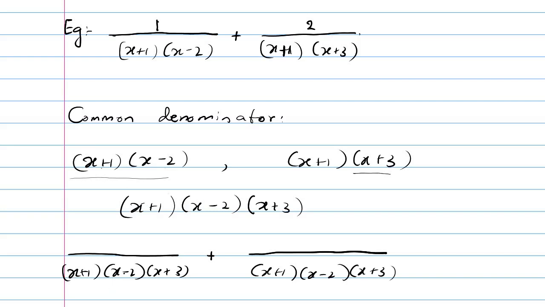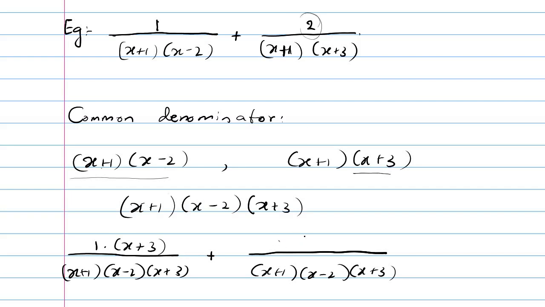So now let's look at what to multiply the first fraction by to get this. What is missing is x plus 3 from the first fraction. So we need to multiply the numerator and the denominator by x plus 3. So we end up multiplying 1 times x plus 3, right? Going to the next fraction, we have 2 here.